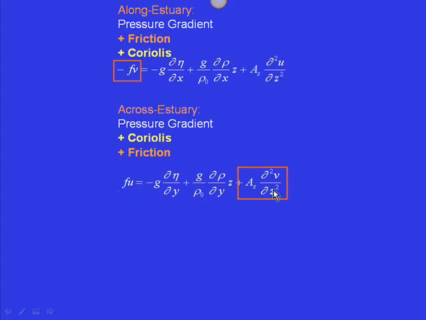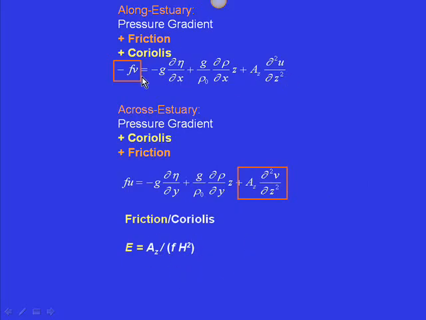And now we're going to add friction across. So notice that the Ekman number compares this term versus this term, or rather the other way around, this term in the numerator versus that term. So friction versus Coriolis gives you the Ekman number.